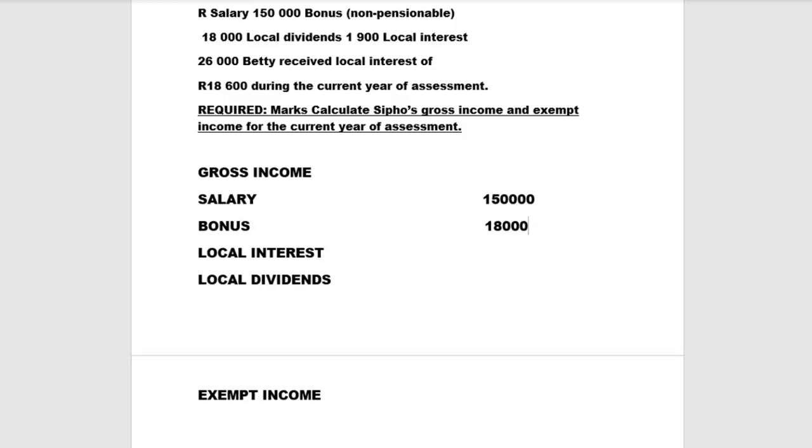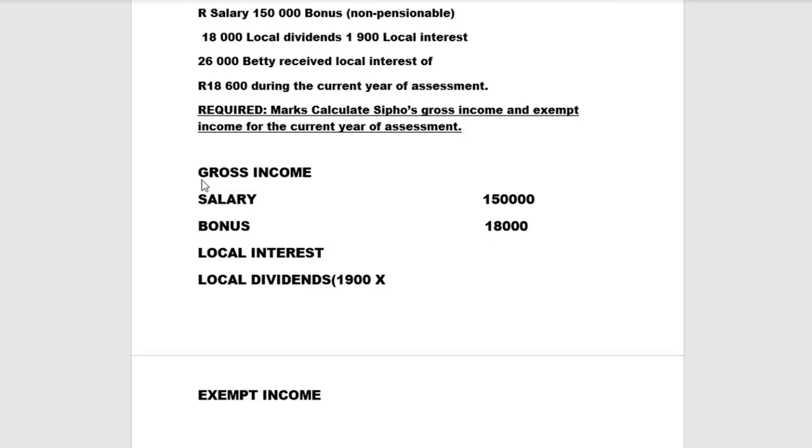And we've got local dividends of 1,900, and then we've got the local interest of 26,000 rands. 1,900 dividends and 26,000 rand.